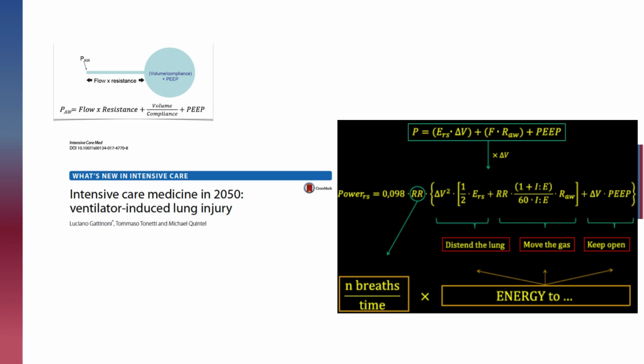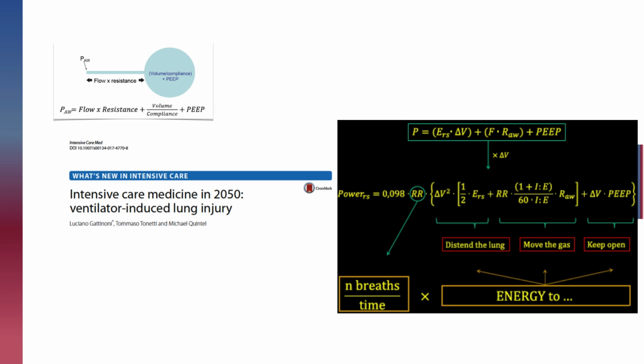This is where PEEP can become a more important component, because the PEEP setting has some impact on the amount of static energy that's transferred to the lung. And if it's excessive, it can be harmful.